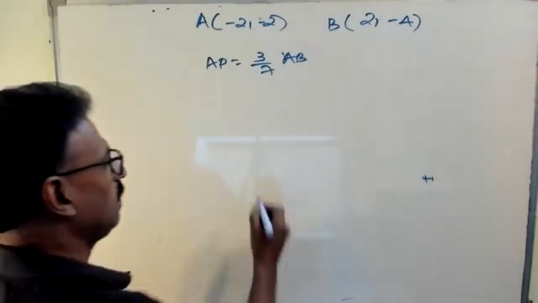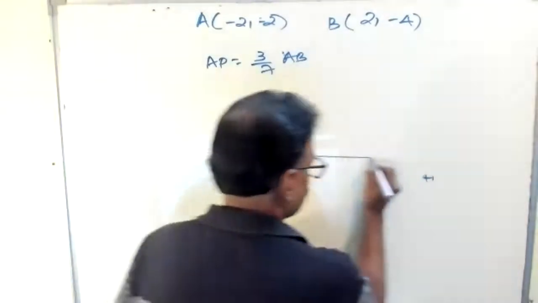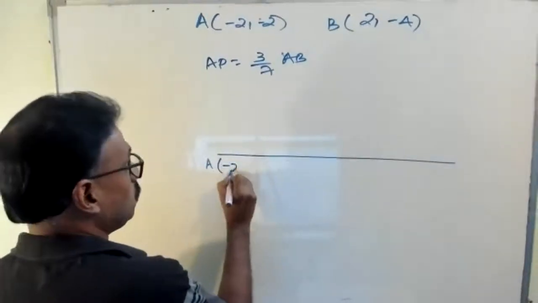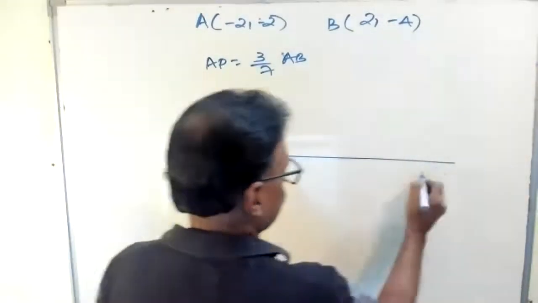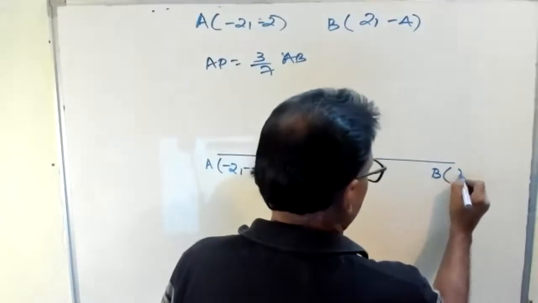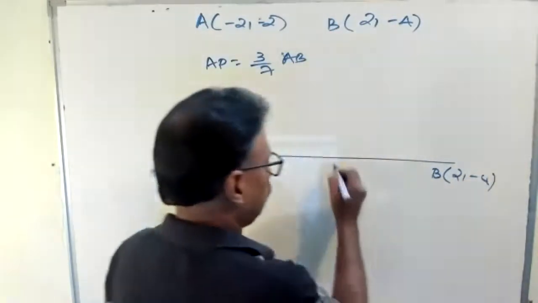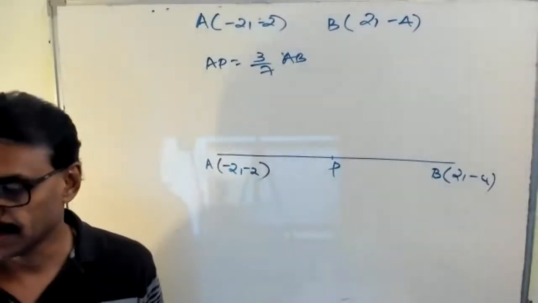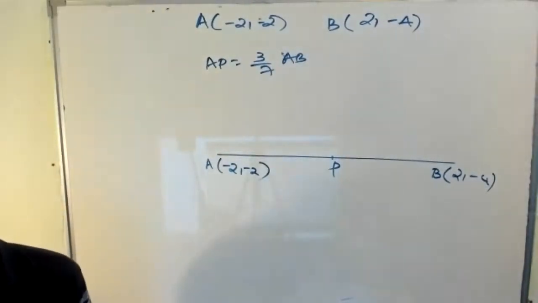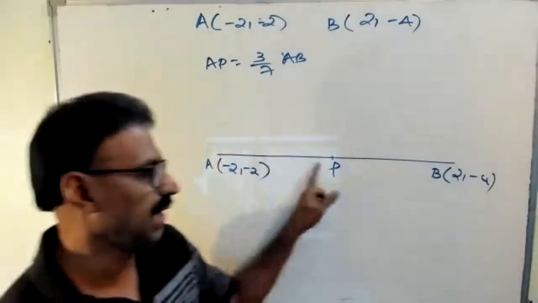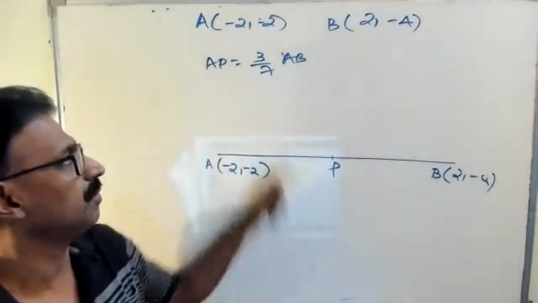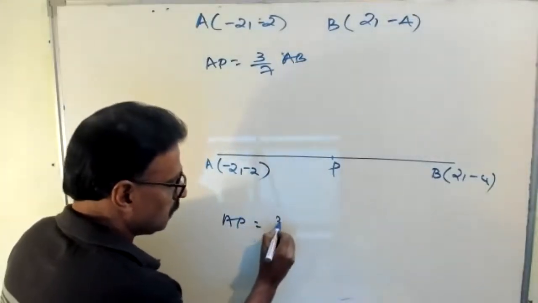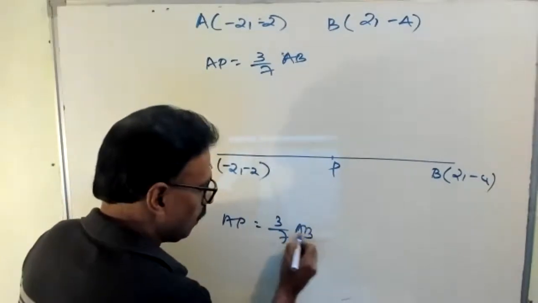Look here. A is (-2, -2), B is (2, -4), P here. Actually, AP is to PB we need. Dinesh, it's wrong. We need AP is to PB. But here AP equal to 3/7 AB.